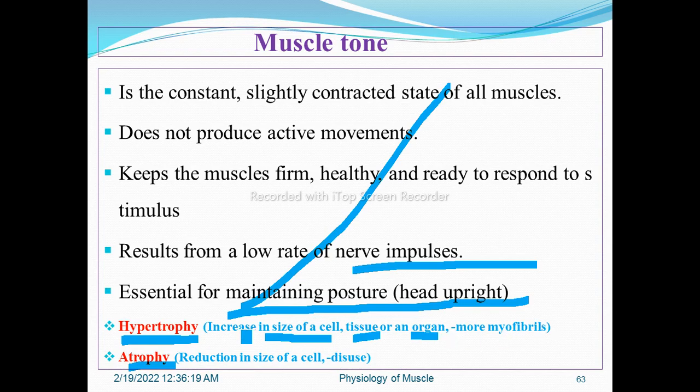In contrast, a reduction in the size of a cell, tissue, or organ is called atrophy. Atrophy mainly results from disease or inactivity. If we are not using a muscle, it will be reduced in all aspects and result in wasting. This decrease in size is called atrophy.